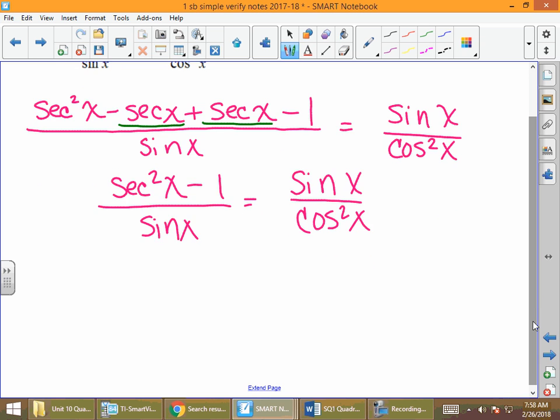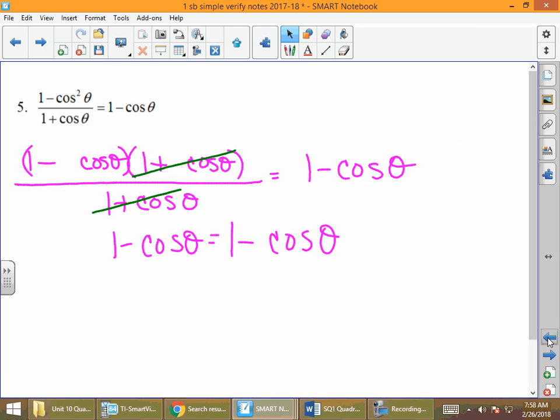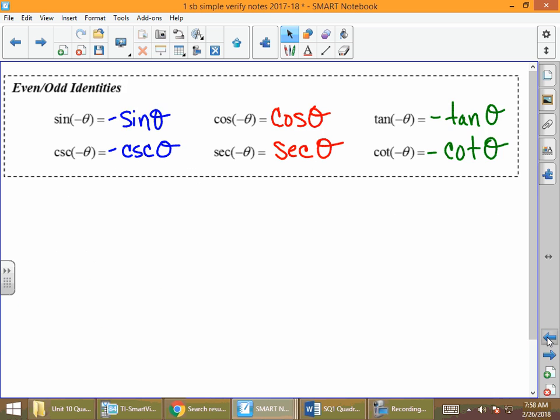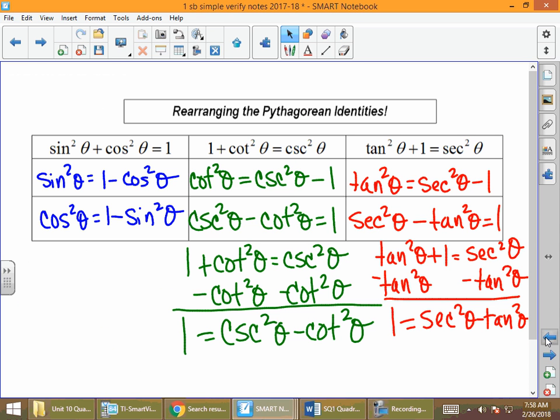Whenever I see a squared in a problem and we are working on the left side, I always wonder, is there a Pythagorean identity that might work for us? So as you look at your yellow paper and I flip it back here a couple screens, do we have anything that says secant squared minus 1? Well, it's over here to the far right in the red.